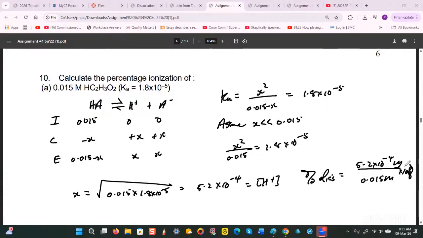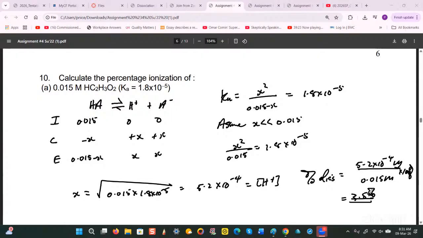So let's see what that gives. 5.2 times 10 to the minus 4, divided by 0.015 times 100. And according to my calculation, this works out to be equal to 3.5%. And that's how that is done.